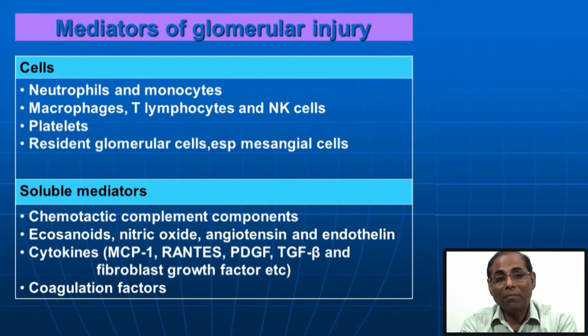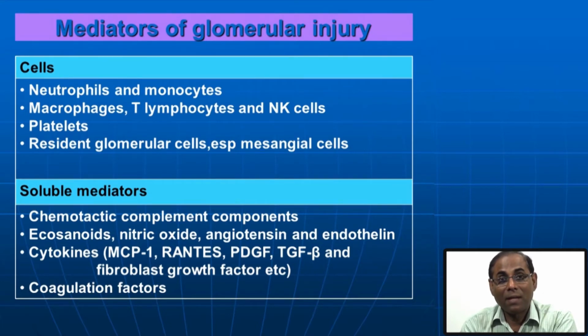So in an inflammatory situation, sometimes they can also produce pro-inflammatory cytokines and cause more injury. Now, there are soluble factors like the complement components. C5a is highly chemotactic for the neutrophil, and similarly the eicosanoids, nitric oxide, angiotensin and endothelin.